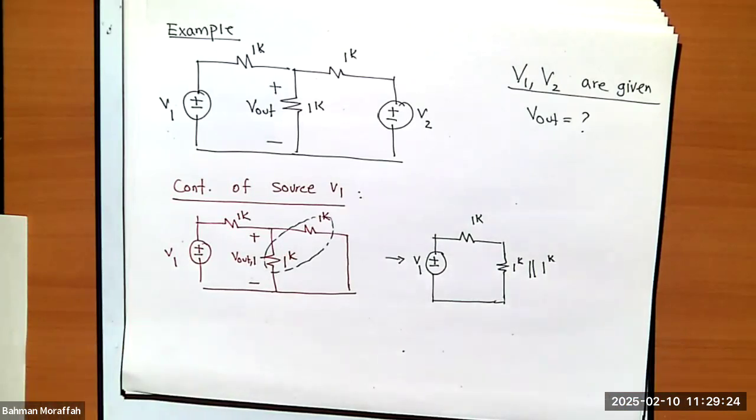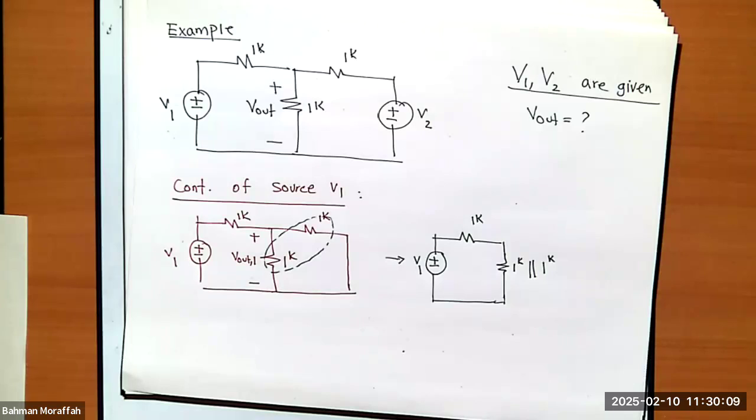A couple of quick things. If I look at the original circuit, since V2 is right there, those 1Ks on the top are not in series, not in parallel, they have no relationship. But as soon as I short V2 out, those two 1Ks become parallel. So it makes my circuit much easier to work with. Another thing I can see is that V out 1 is exactly the voltage across this 1K and 1K in parallel.